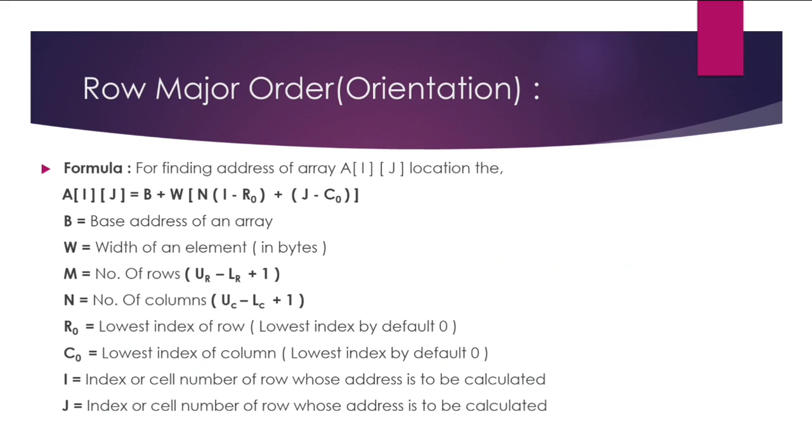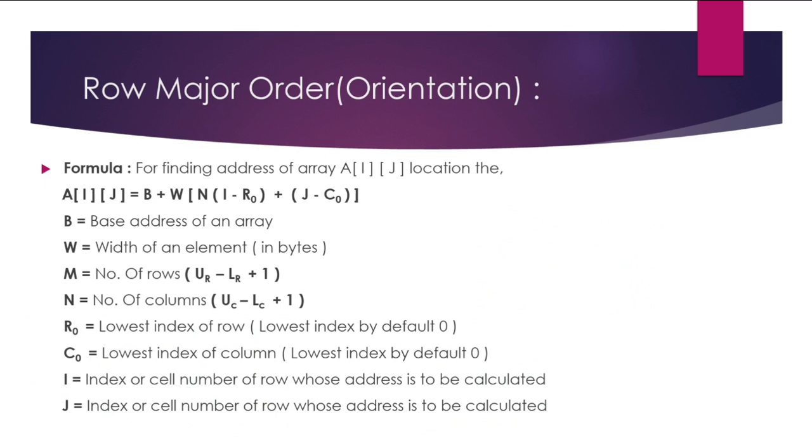The location is a combination of row and column, meaning I is the row and j is the column. If I have to find the address of the third row, fourth column, then I is third and j is fourth.